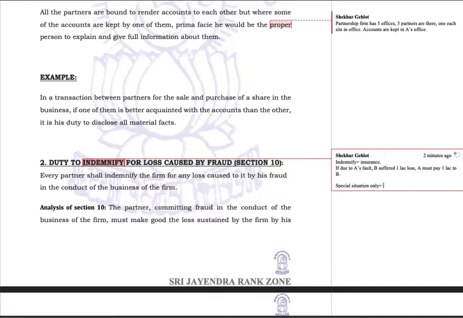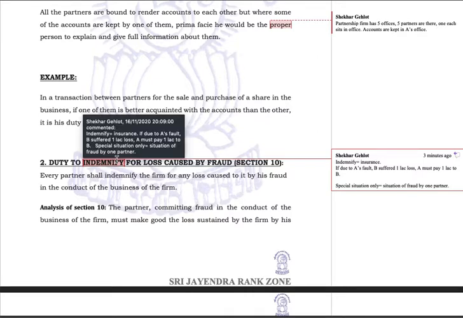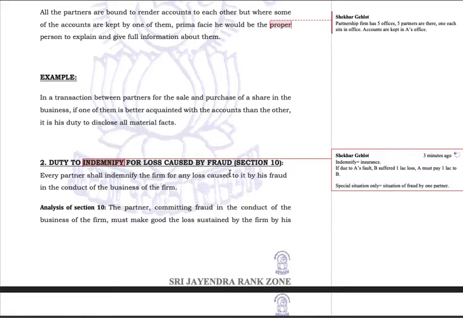And what is this special situation? Situation of fraud by one partner. We are not talking about general duties anymore. This is a special duty. Special duty is loss caused due to fraud.